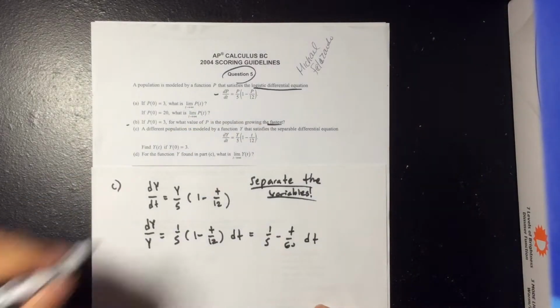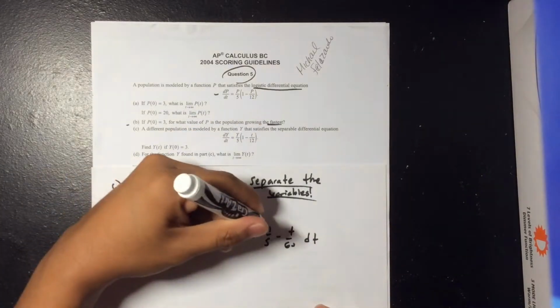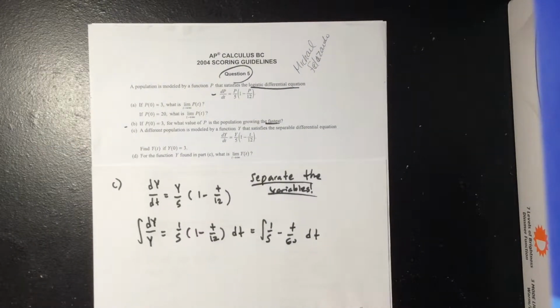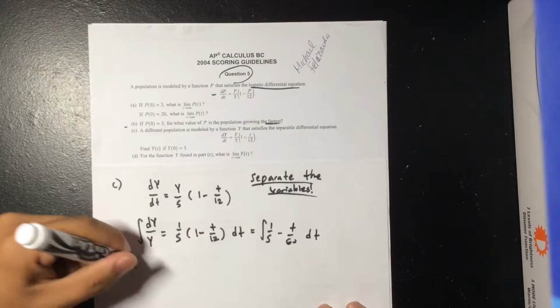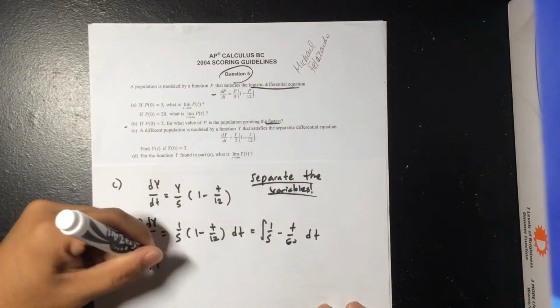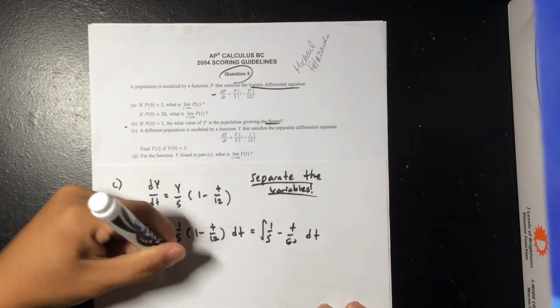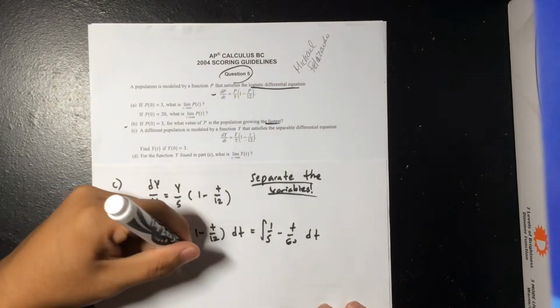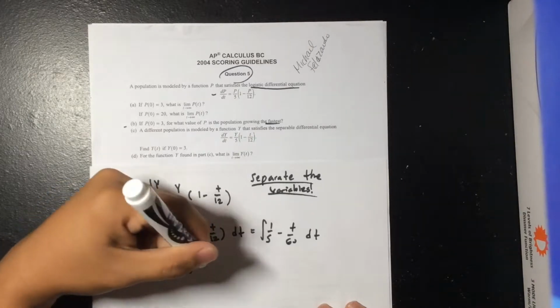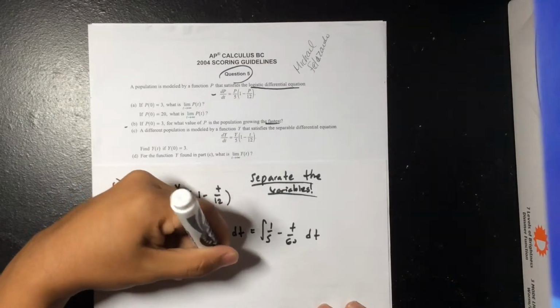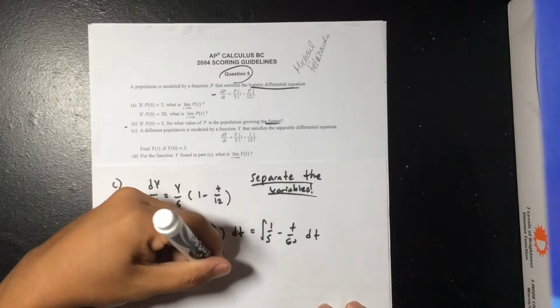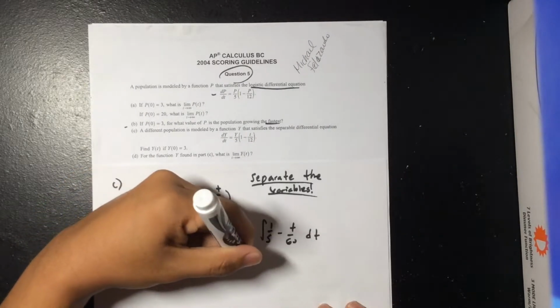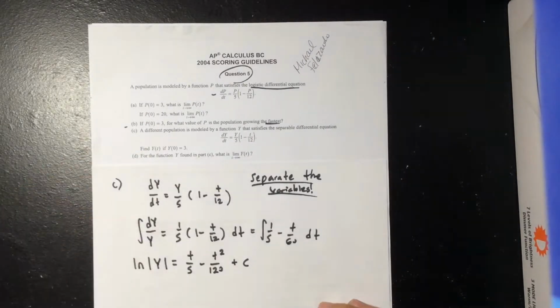Now that we've separated the variables, we can integrate both sides, and we get the natural log of the absolute value of y is equal to t over 5 minus t squared over 120 plus c. Don't forget the plus c. That's also important.